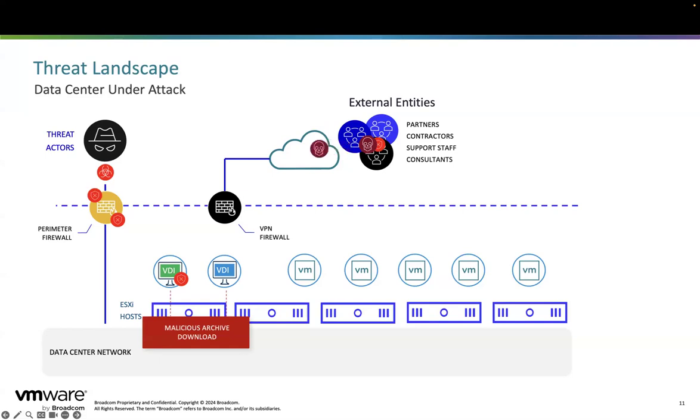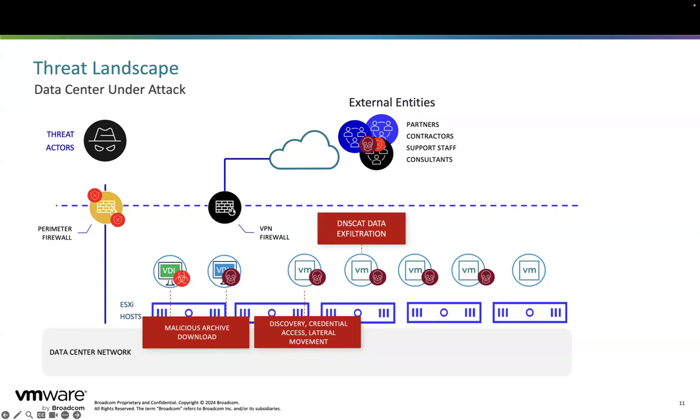Malicious archive downloads coming from some external entity and then compromising a system, being able to discover other resources on the network, gaining credential access, moving laterally in the data center, exfiltrating data out of the data center, deleting shadow volumes and backups.